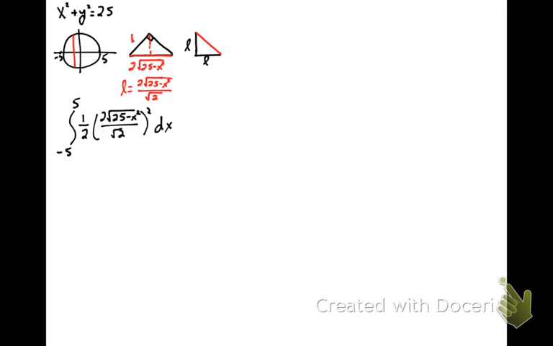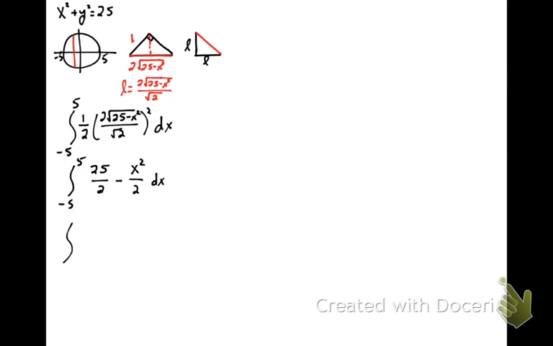Right, so again, we're just using some geometry here. If I clean this up just a little bit to make my integration easier, 1/2 times 2 is just 1. I square all of these things, and I end up with 25 over 2 minus x squared over 2 dx.